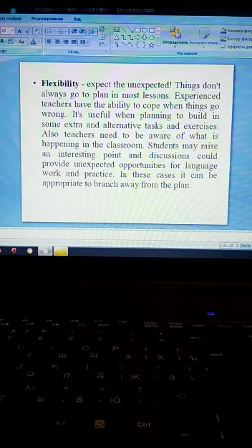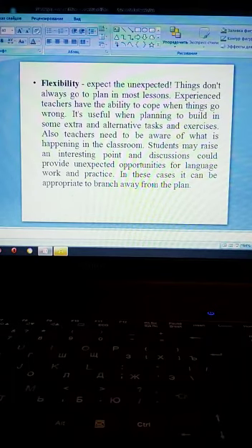Also, teachers need to be aware of what is happening in the classroom. Students may raise an interesting point and discussions could provide unexpected opportunities for language work and practice. In these cases, it can be appropriate to branch away from the plan.